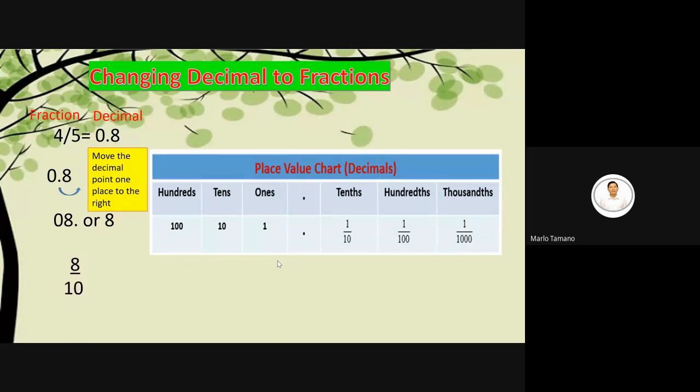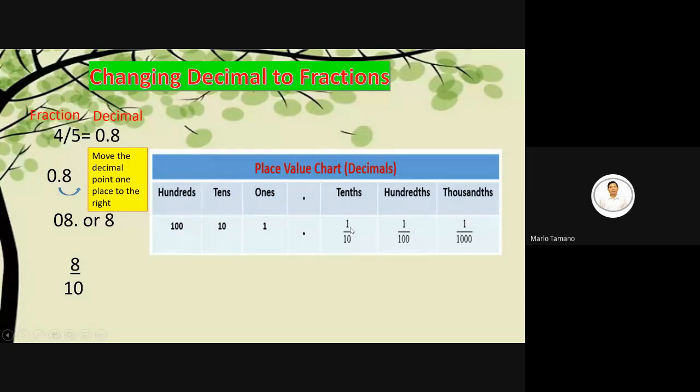Then, yung 8/10, yung 8 po ninyo, so 8/10 na po. Kasi dito nga, 0.8. So, yan pa yung shortcut niya. So, kapag minove ninyo yung decimal point, nagiging whole number na 8, tapos lalagyan nyo ng 10. Bakit po 10? Kasi po, that is 0.8, tapos katabi lang po niya yung tens place. Sa place value chart, katabi po yung decimal point. Yan po yung tens. Kaya 1/10. So that is 8/10 po.